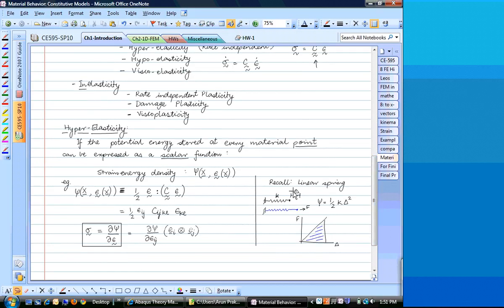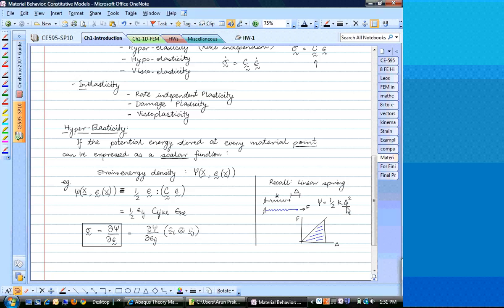And if you remember from perhaps undergraduate or even high school, when you might have taken a spring, and you extend it by delta by applying some force F, the strain energy or the potential energy stored in the spring is given by the area under the load deflection curve, and that was expressed simply as half k times delta squared.